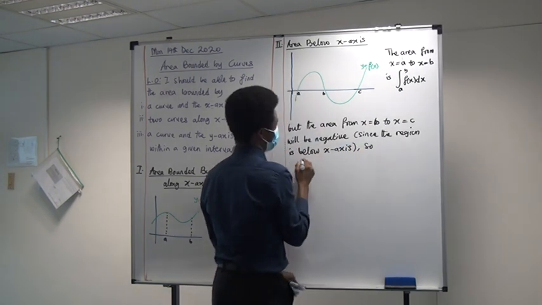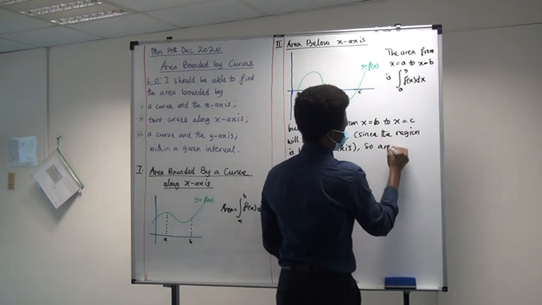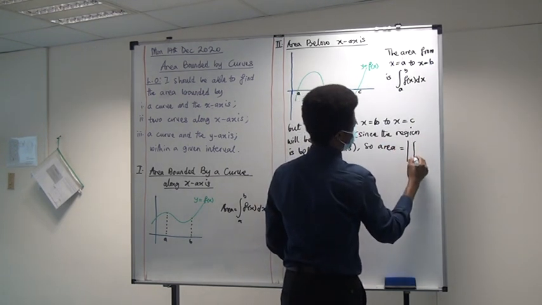So to find the area, we take the absolute value of the integral.